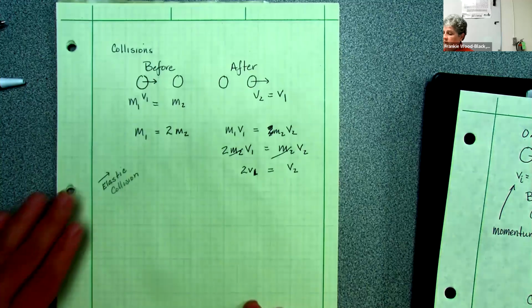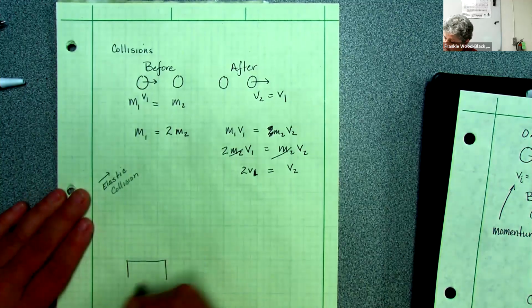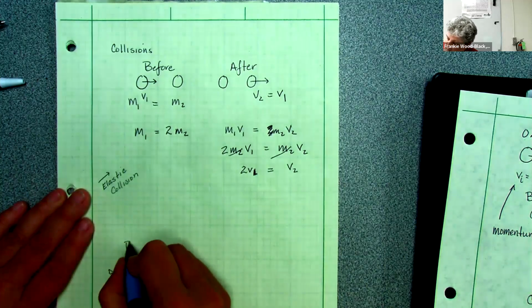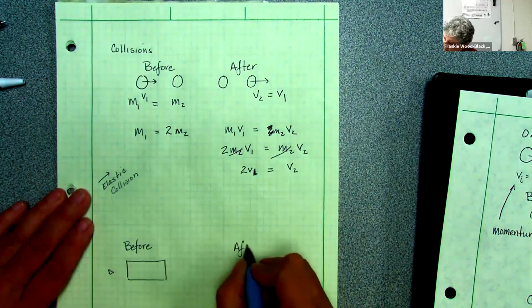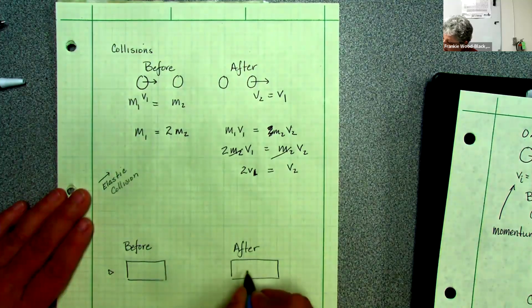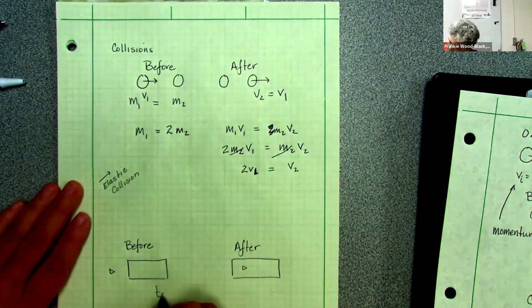Then we have another type of collision. I have a block here, and I have a little bullet here. This is the before, and this is the after. In the after, the little bullet is now part of the block. This is referred to as a totally inelastic collision.